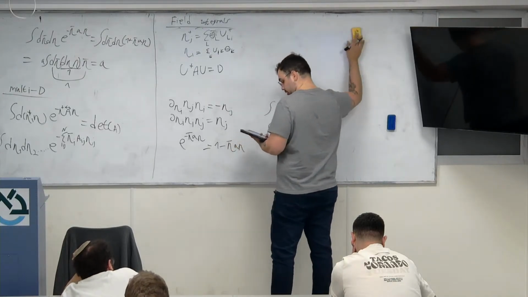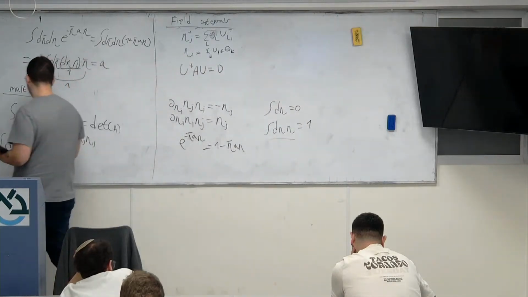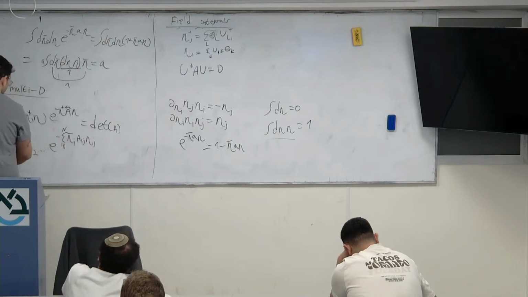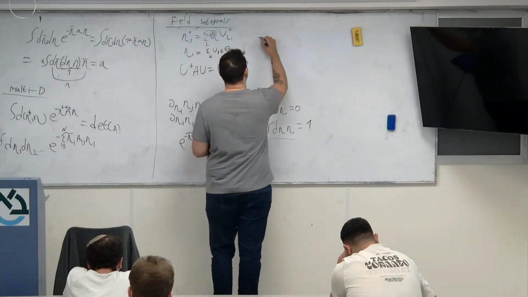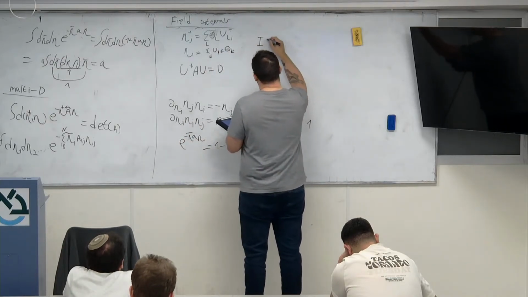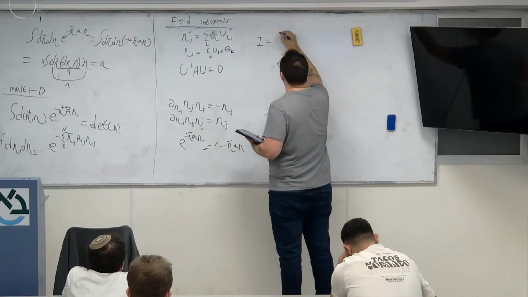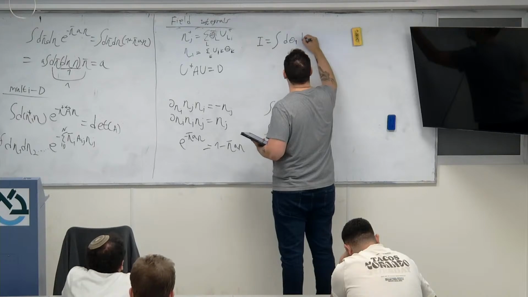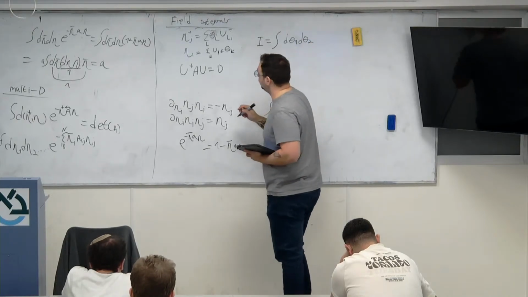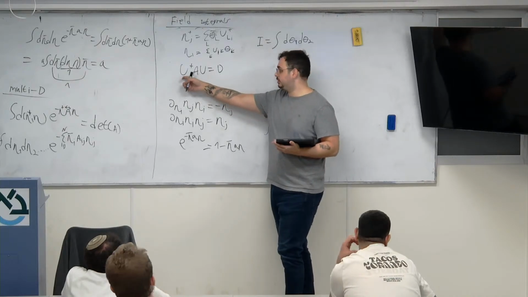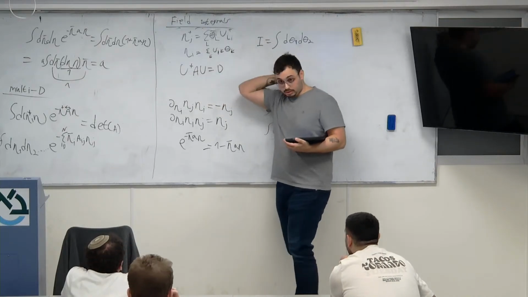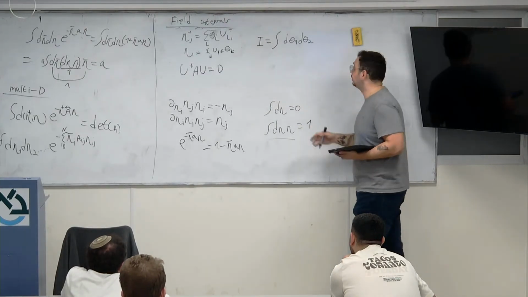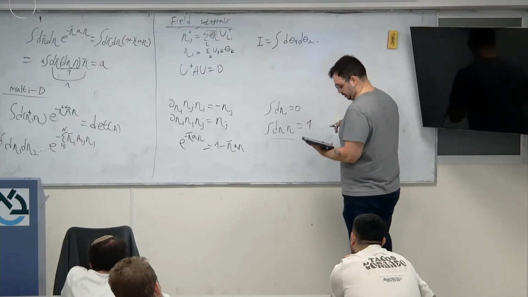So overall, let's call our integral I. Our integral I would be equal to the integral d theta 1, d theta 2, and so on. Note that since our transformation is a unitary transformation, and the unitary transformation Jacobian is 1, we can just replace the integrals here directly.